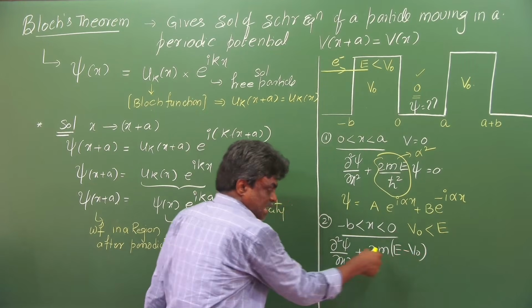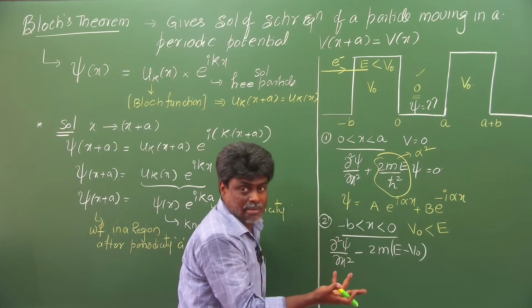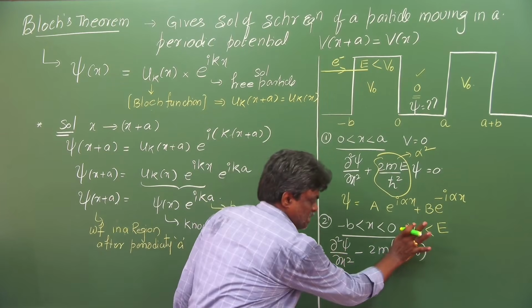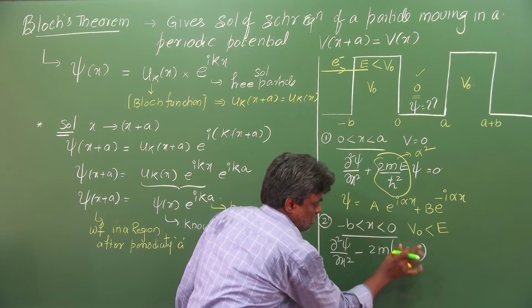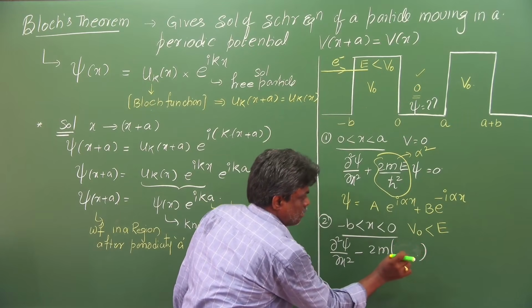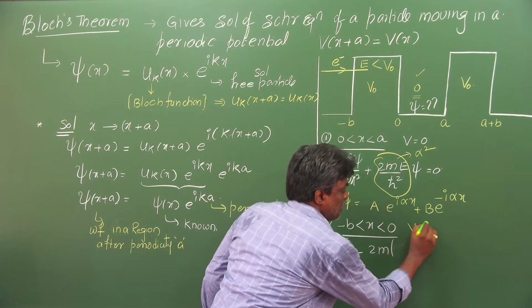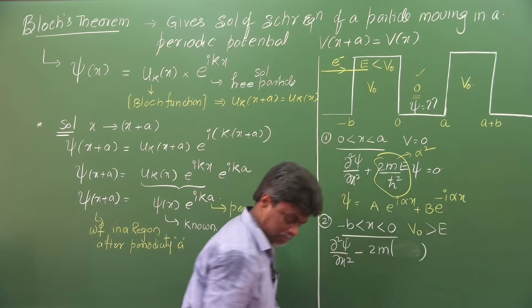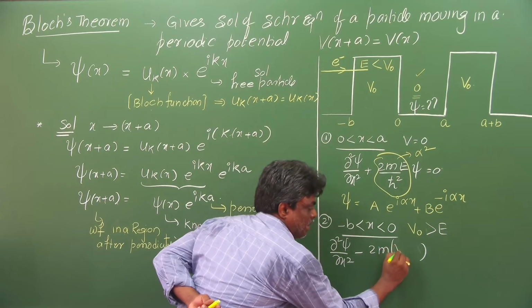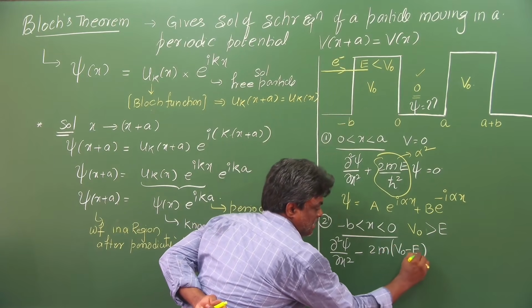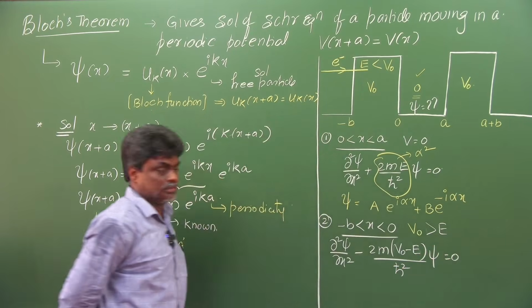But this is negative, so I am directly writing, because you already know, V naught greater than E: d square psi by dx square minus 2m(V naught minus E) by h cross square psi equals 0.